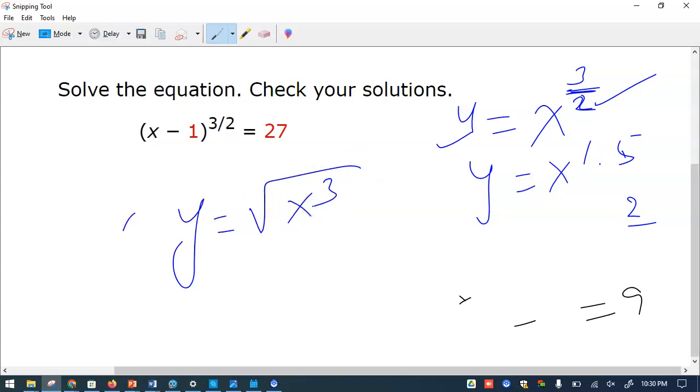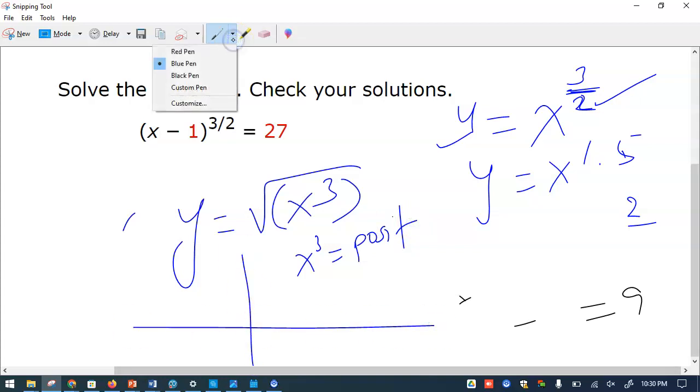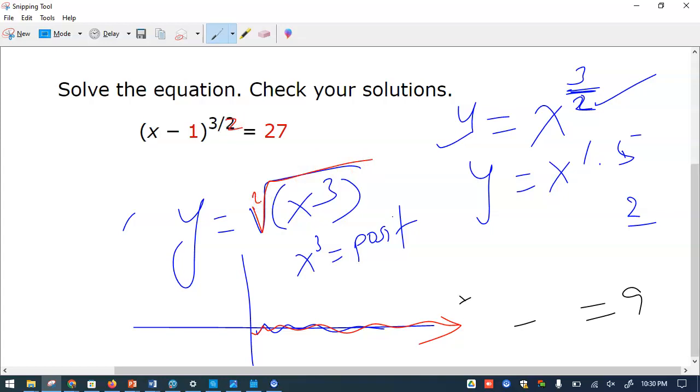In other words, this radicand has to be always positive, so the domain is only positive. Because it is a square root, and this is a 2, right? So that's the 2 right there. I know you could do this directly. I'm just showing the conceptual understanding of what's happening here.